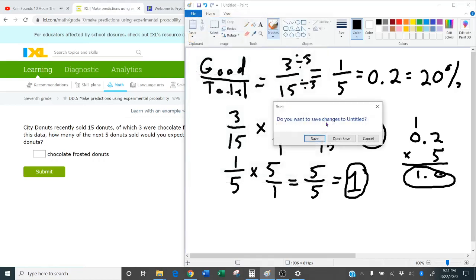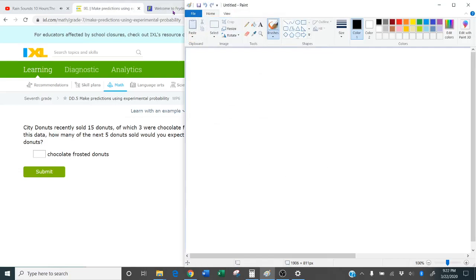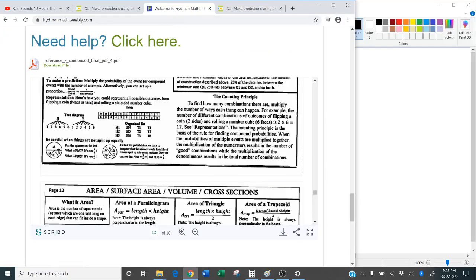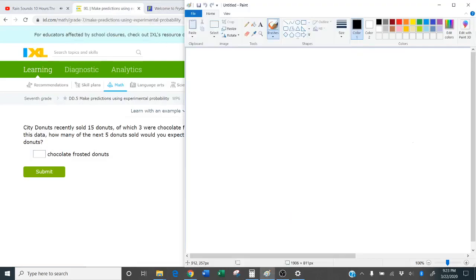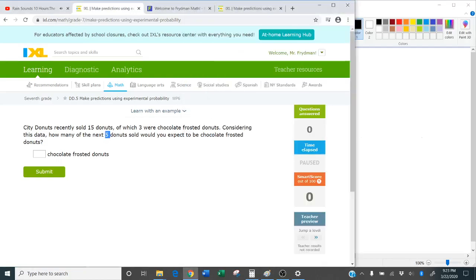Now there is another way that I could have done that. I could have also set up this proportion over here. I take the probability on the left side. Well, it doesn't matter what side, it could be left or right. So the probability that we found was 3 out of 15, and on the other side of our equation, we'll write x. That's going to be our prediction out of the 5 over here.